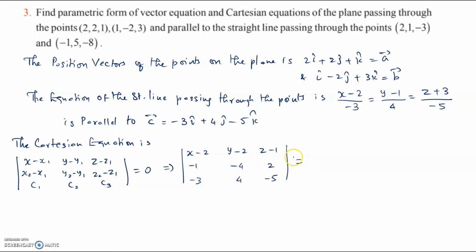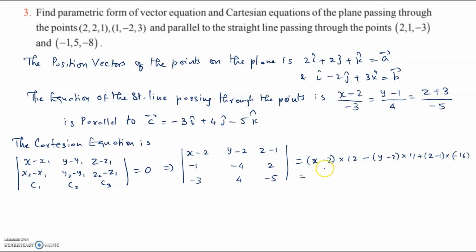So this is equal to x minus 2 into 20 minus 8, which will be 12, minus y minus 2 into minus 1 times minus 5 which is plus 5, plus 6, so that will be 11, plus z minus 1 into minus 4 minus 12, so minus 16.